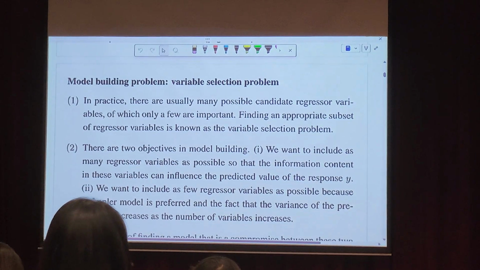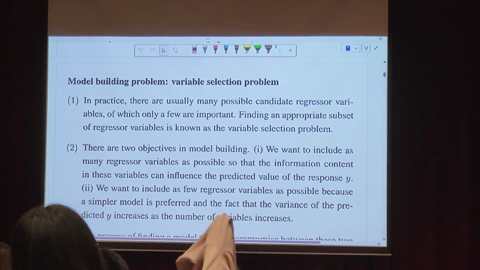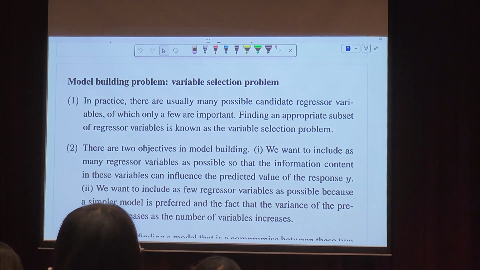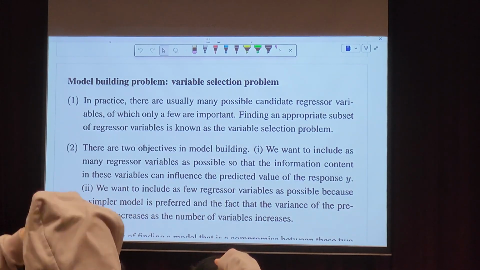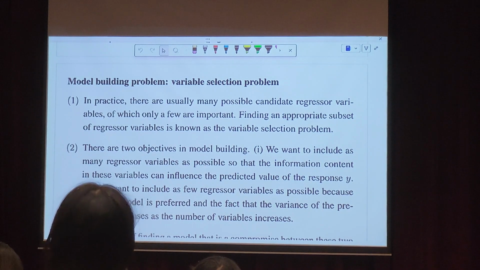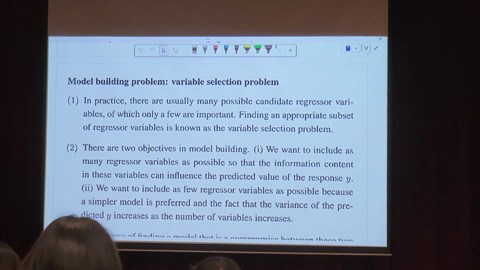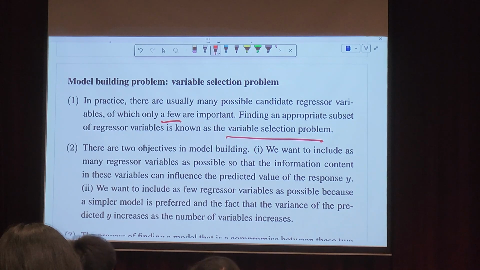So let's define the problem. Model building means selecting a subset of the variables. In practice, as I say, there are many possible regressor variables, only a few are important, and we want to pick them out. This problem is called the variable selection problem.